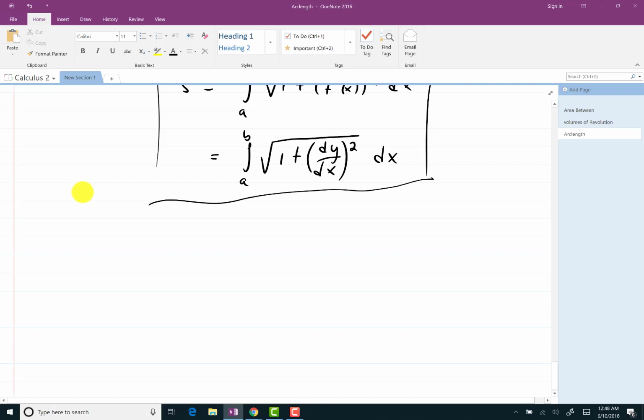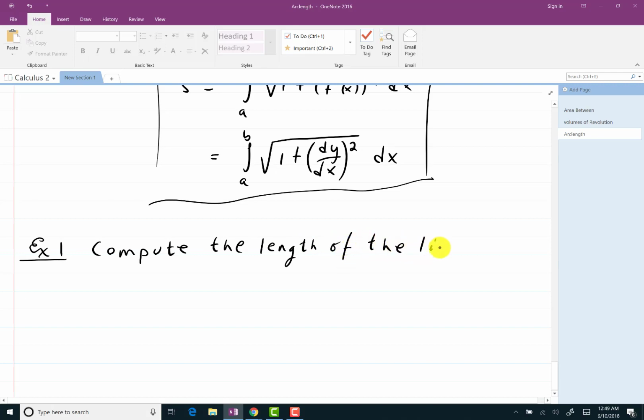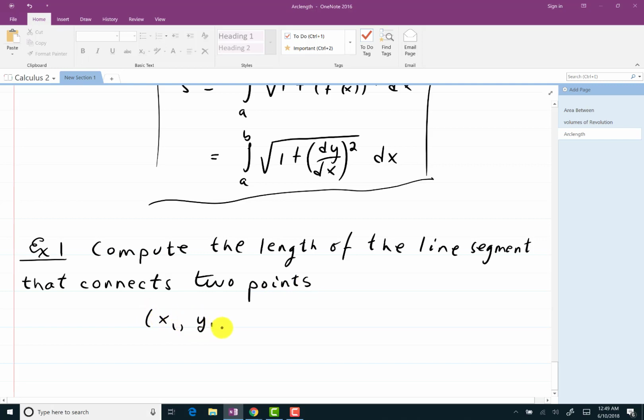Let me illustrate this method with a simple first example. Let's compute the length of the line segment that connects two points, let's call them x1, y1, x2, y2.